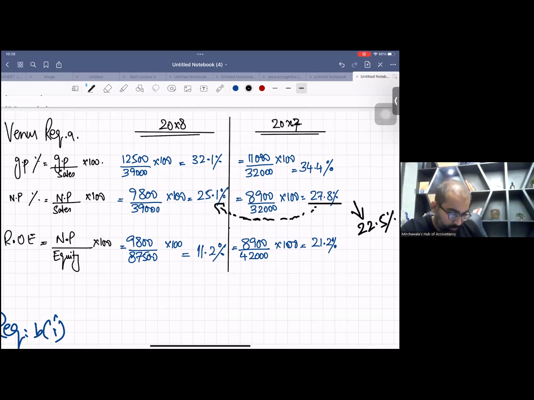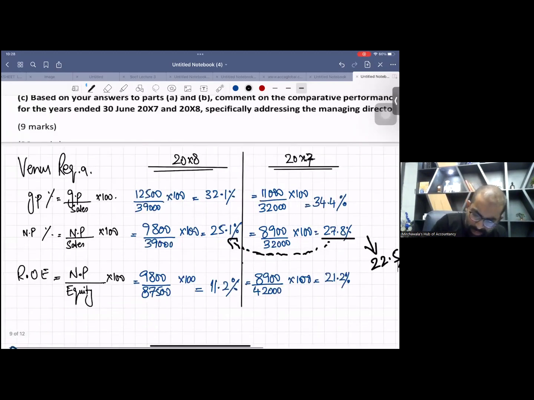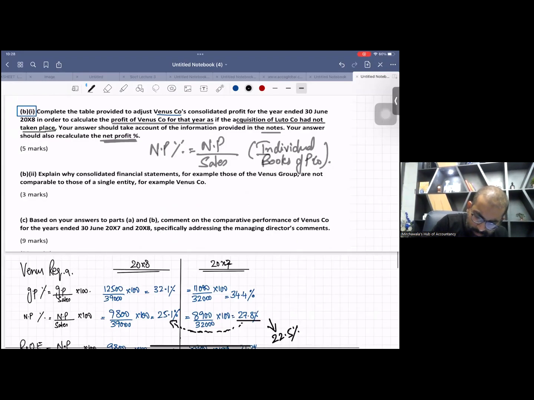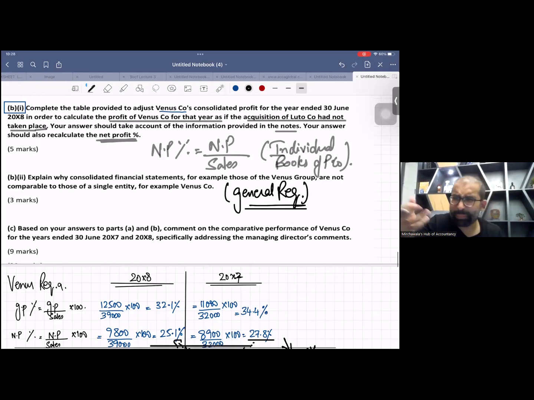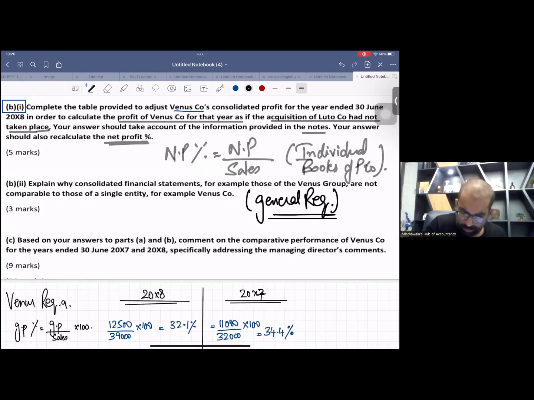Next. Explain why consolidated financial statements, for example those of Venus Group, are not comparable to those of a single entity, for example Venus.